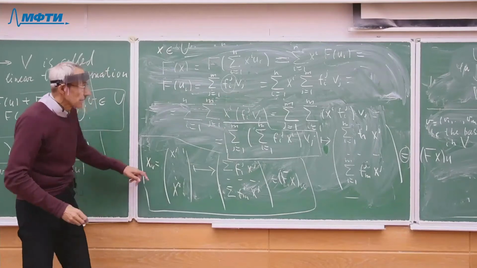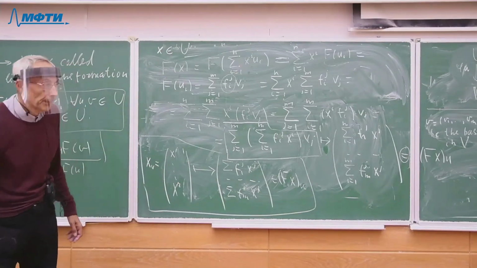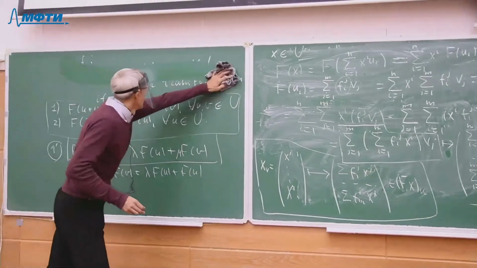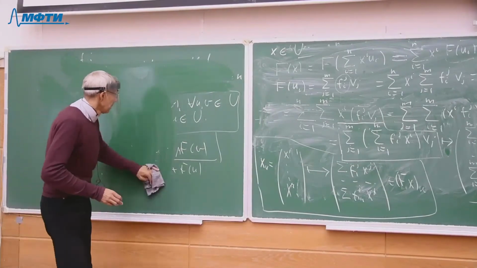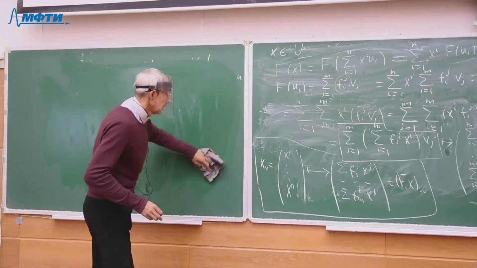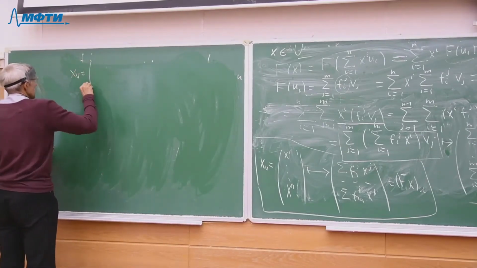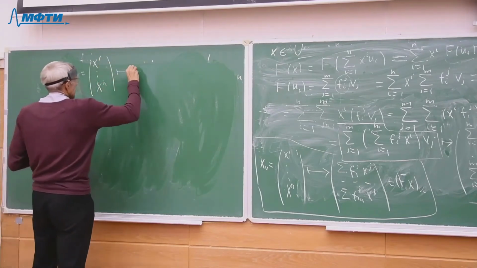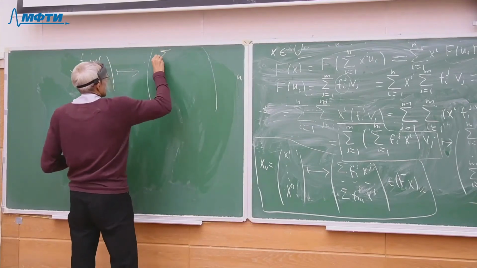What does this correspondence mean? I start with the coordinate vector x_V, and I obtain the following coordinate vectors.